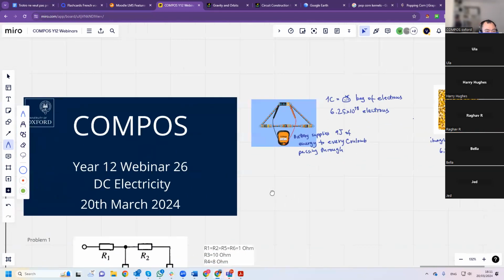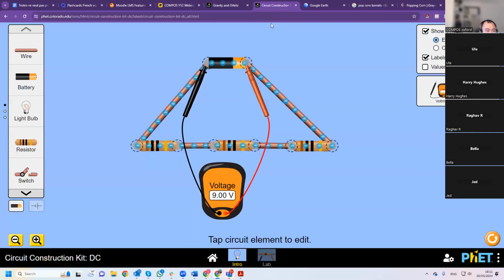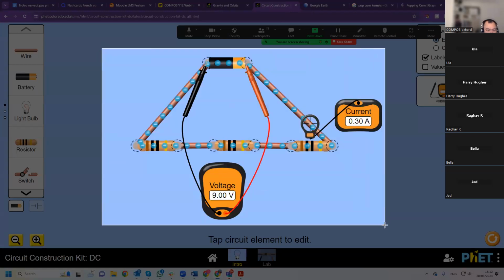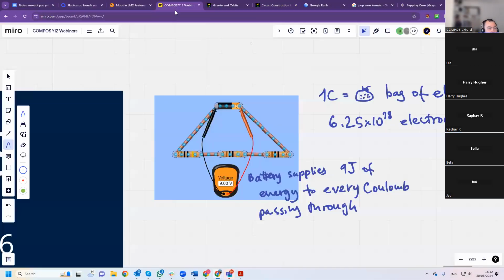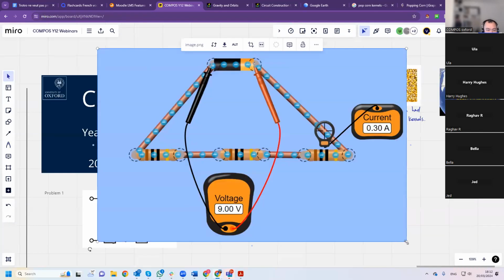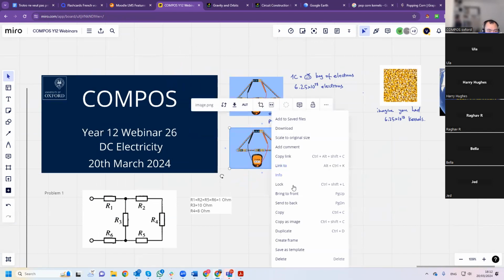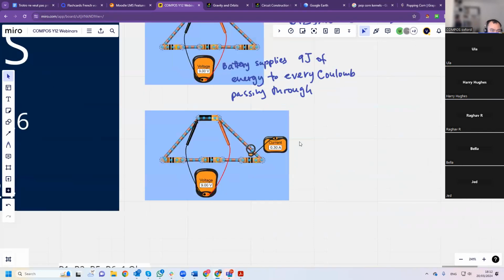Okay, so if you take an ammeter, it measures the current. So what does the current tell you? Well, the current simply means how many coulombs pass per second.